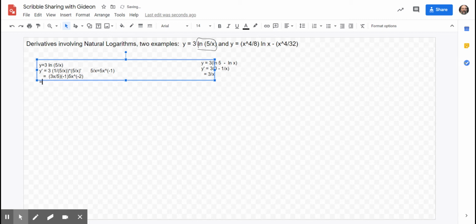So let's simplify it. Let's not lose track of things. All right, so we have a 3x and a 5 on top. To help things out here, I'm going to remind you that x to the power negative 2 equals 1 over x to the power 2. I flip things around, and that's important because I'm going to bring my constants to the front.